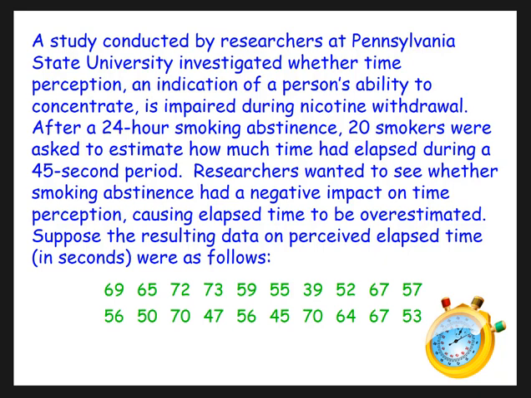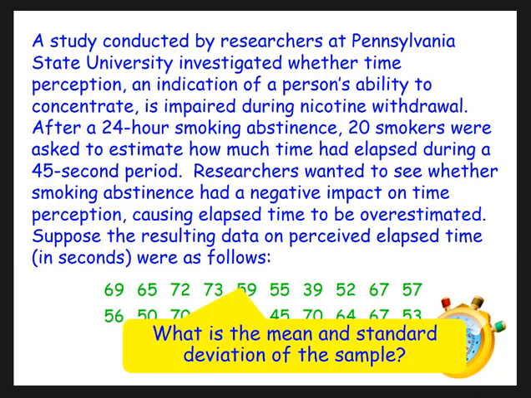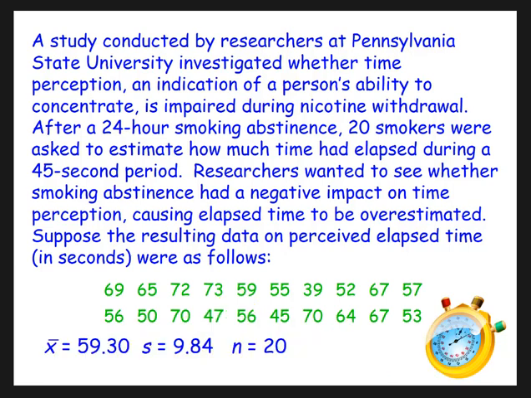So suppose the resulting data on perceived elapsed time were as follows. There are our data values. We have, what, 1, 2, 3, ... 20 data values there. Since that is less than 30, we need to know that the population is approximately normally distributed. So we're going to find the mean and standard deviation for that sample. They calculated them for us right there.